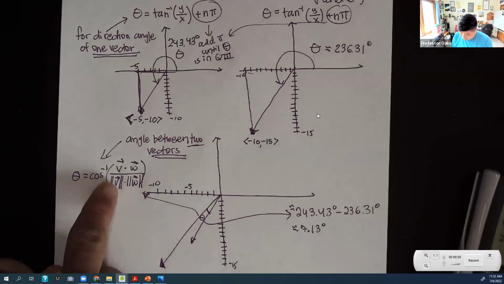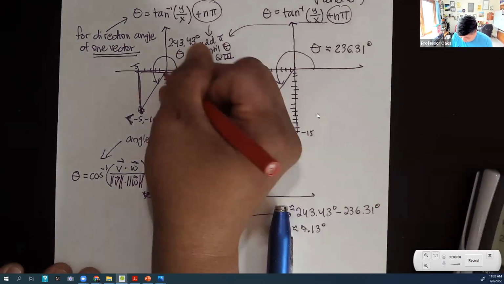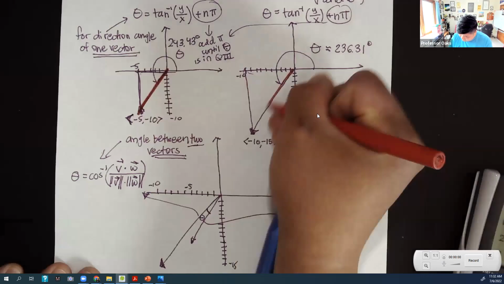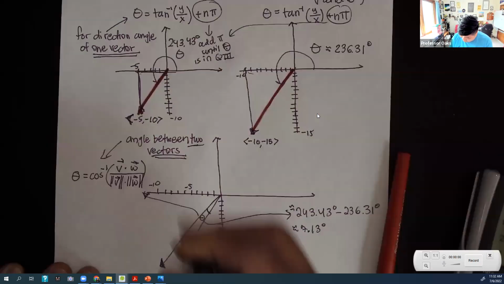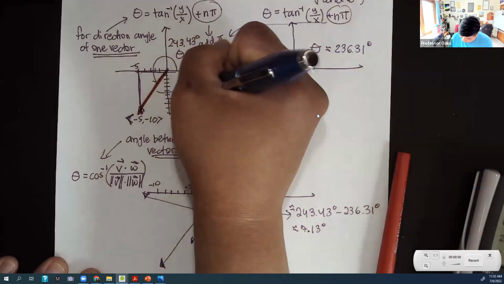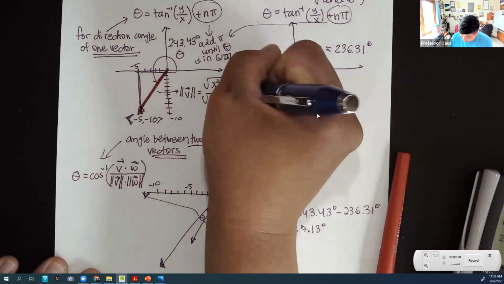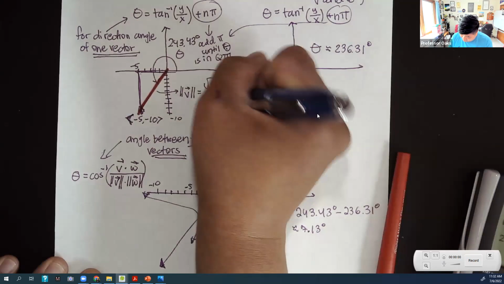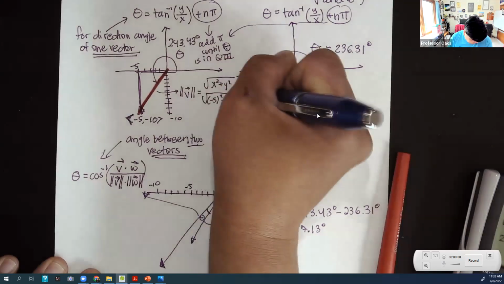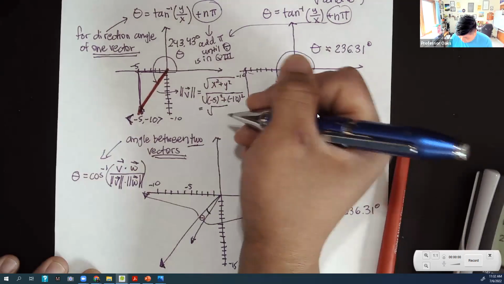Now you have to calculate other things, but I don't feel like this is actually a lot to calculate, because you know that the magnitude of this vector here is, remember, square root of x squared plus y squared. So square root of -5 squared plus -10 squared, so that's the square root of 125.